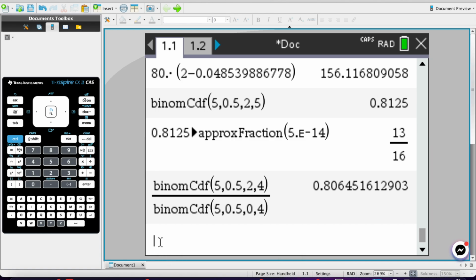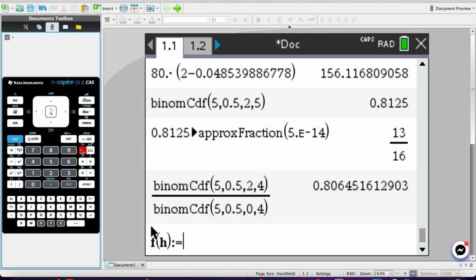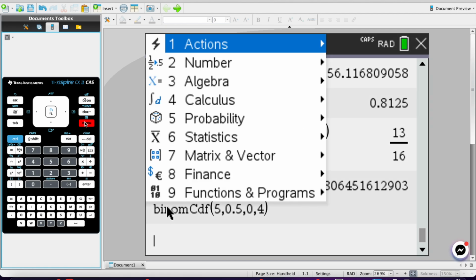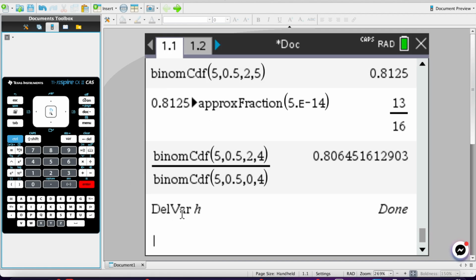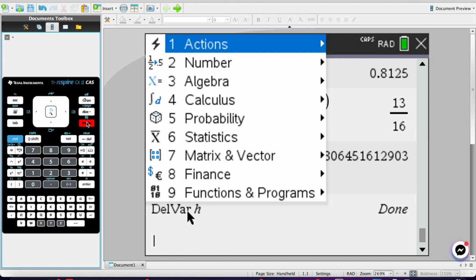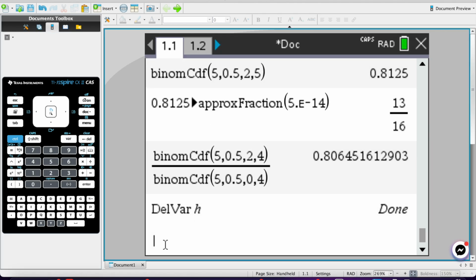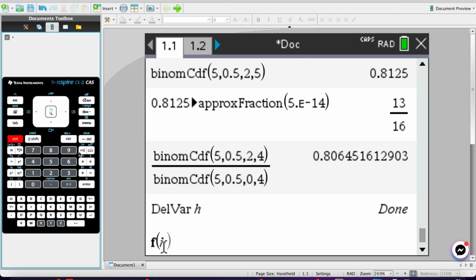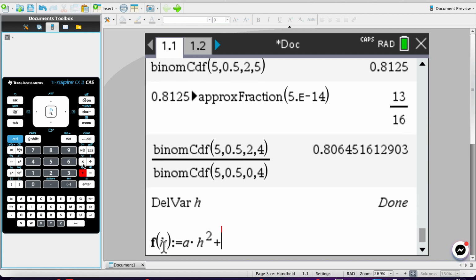Okay, so I'm just going to define f of h as... Do I have h defined as something? Yep. Menu 1, 3 to delete that. Okay, so menu... no, I need to define first. Define that as a times h squared plus b times h plus c.